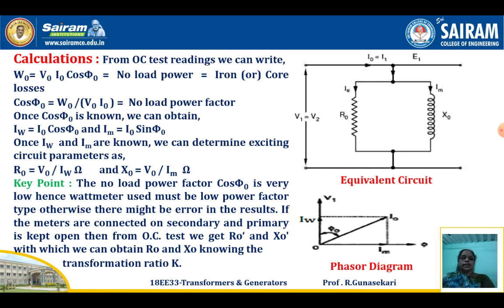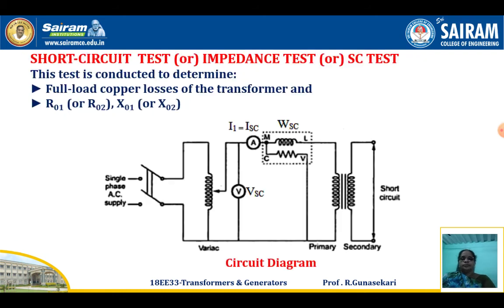Suppose all the meters are connected on the secondary side, then you can calculate R0 dash and X0 dash only. That is, R0 dash means R0 divided by K squared, X0 dash equals X0 divided by K squared, where K is equal to E2 divided by E1, equal to V2 divided by V1, equal to N2 divided by N1, equal to I1 divided by I2.